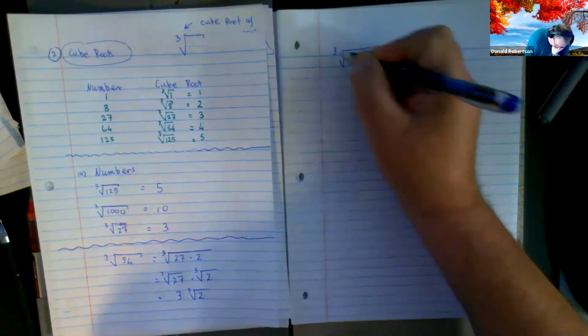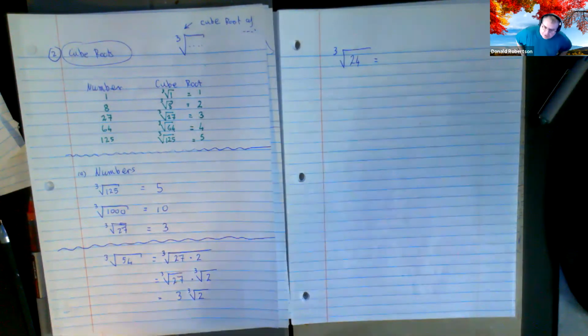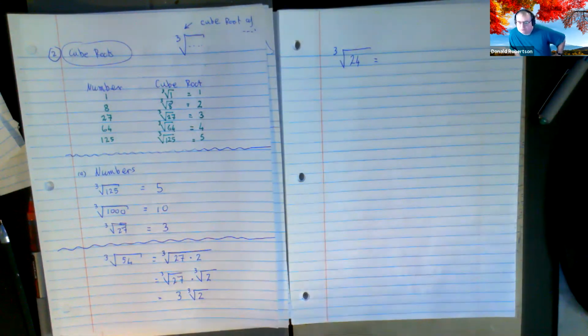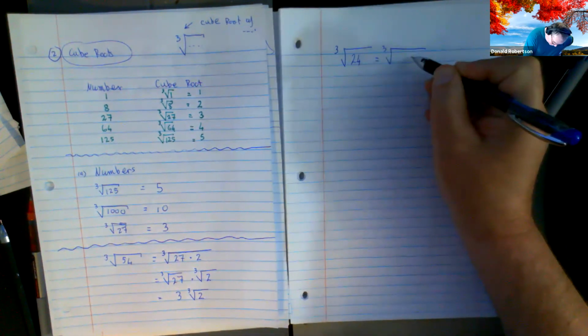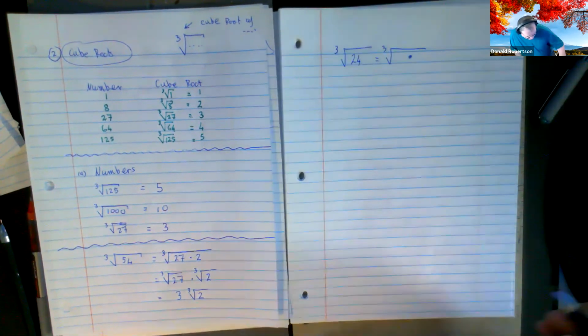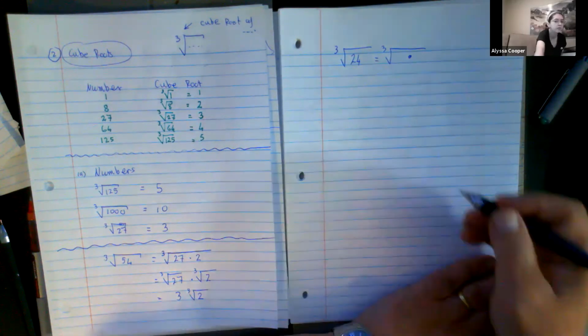Okay, I'd like to simplify the cube root of 24. So I need to split it as two numbers multiplied together. And one of them needs to come from this list. So how am I going to split 24? 8 and 3.